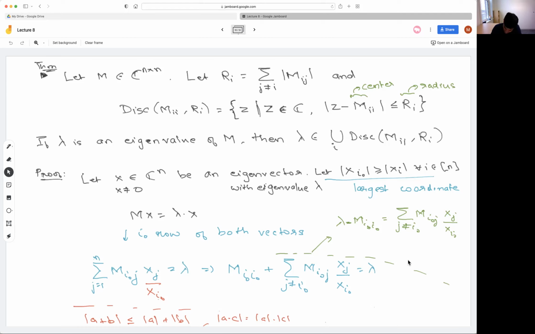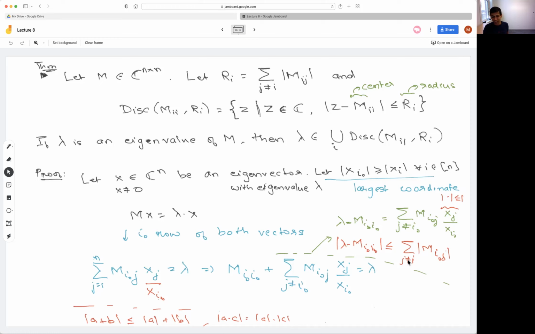So just using that, we get that the absolute value or modulus of this is less than or equal to the sum of the moduli of the off-diagonal entries, and the fraction that we have has modulus less than or equal to 1 because of our choice of xi0 as the largest coordinate.